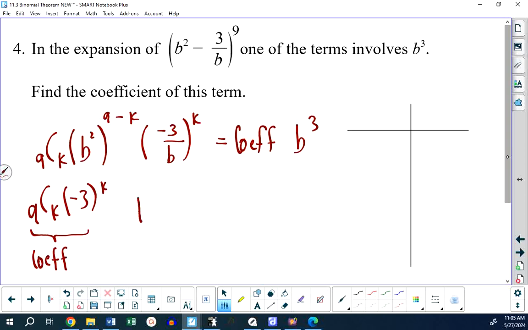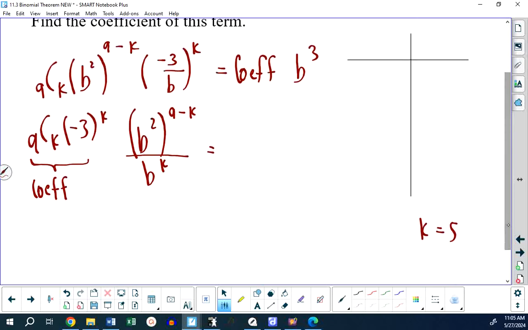Our variable will be the b squared to the 9 minus k, and it will be over b to the k, because that b in the y is on the bottom. And that has to be our variable component. And you might even argue, and I can buy the argument, you don't even really need to write equals.